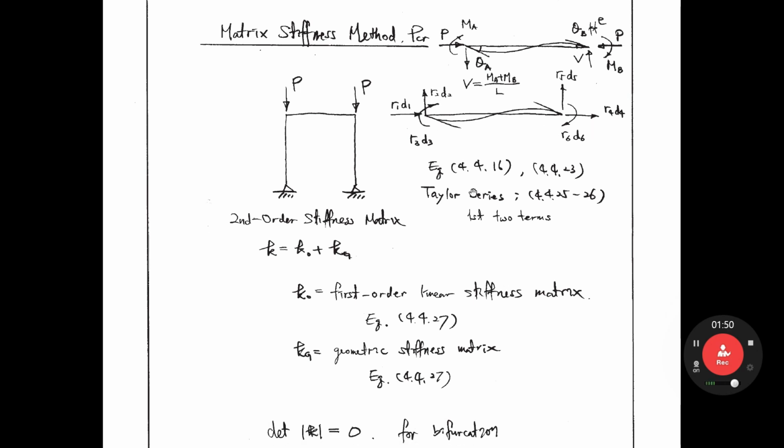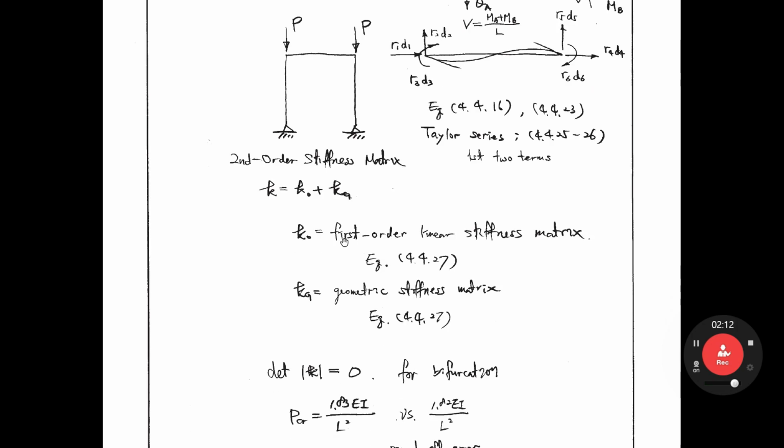Finally, we will get the second order stiffness matrix, K equals K0 plus Kz. K0 means the linear stiffness matrix, the first order linear stiffness matrix. Kz means the stiffness matrix corresponding to geometric nonlinearity, the geometric stiffness matrix.